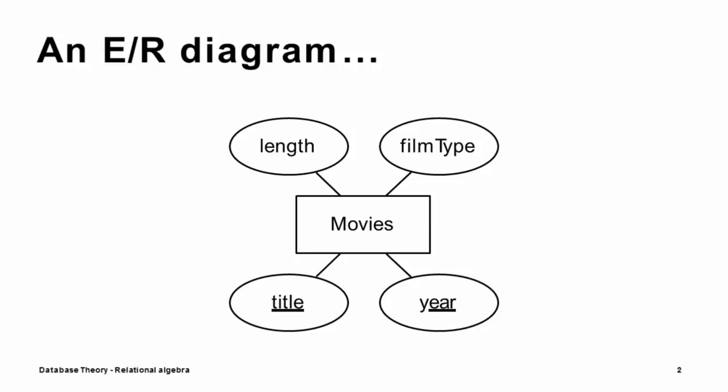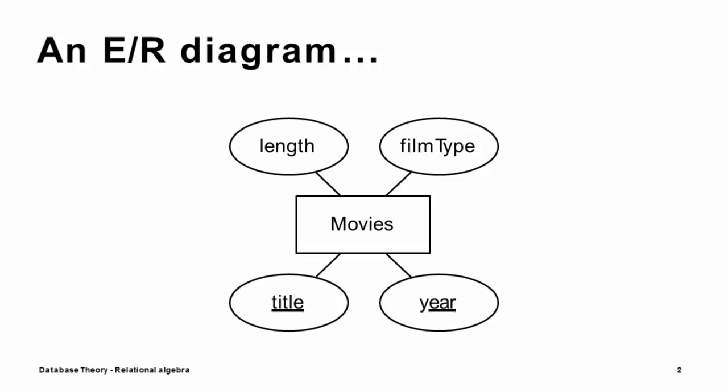You already know by now that movies entity set, where we had that title and the year, and they were composing the key, and that key was something that uniquely identified something in that movies set.